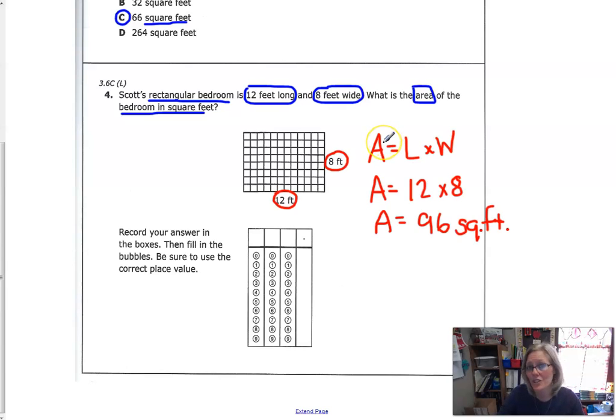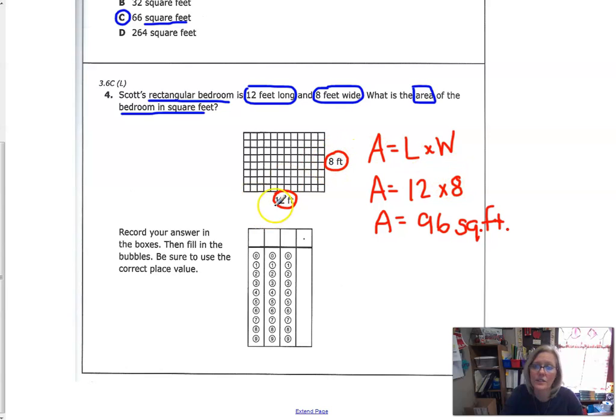Okay. Want to show you my work. Maybe my work matches your work. I always like to put my formula down so I never get lost in my problem. So I wrote area equals length times width. And like I told you before, I like to think of the length as the long side, width is the short side, and so I replaced the L with a 12 for length, and the width is the 8.